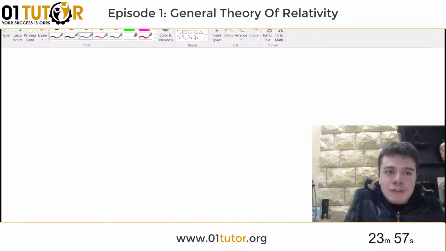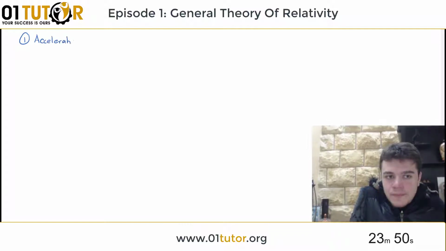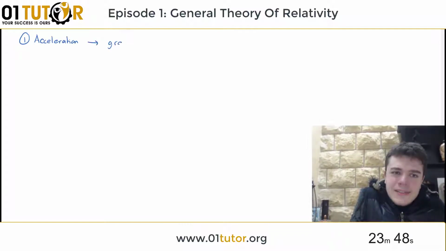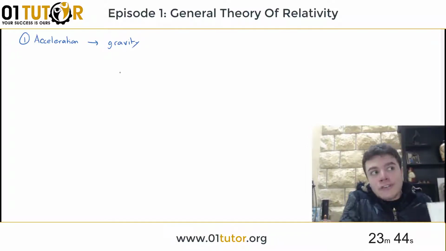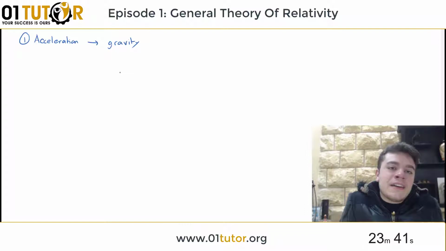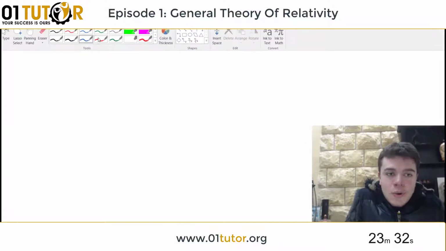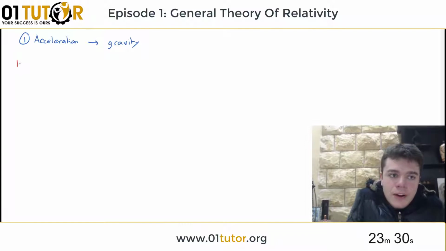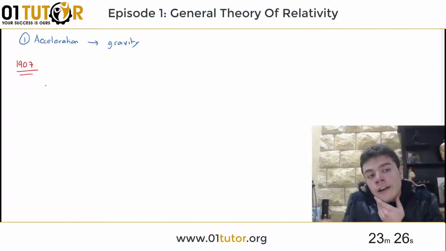Very important explanation, very important discovery by Albert Einstein, which is the first connection between acceleration and gravity. So what's this connection? Now, Albert Einstein's discovery of this relationship came to him when he was at the patent office in Bern in 1907.